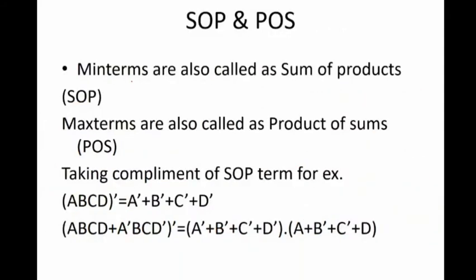Now SOP and POS form. Mean terms are also called sum of products, and max terms are also called product of sums. Now, taking the complement of SOP form, for example, ABCD we have, and if I take the complement of this, I will have A bar plus B bar plus C bar plus D bar. Now these are two terms, ABCD and A bar BCD bar.